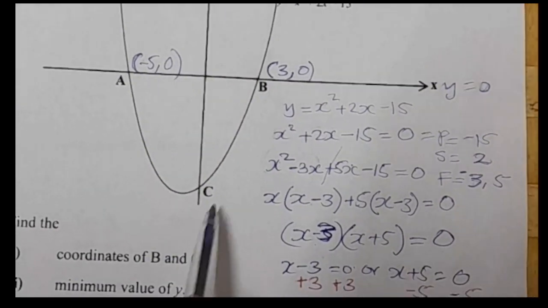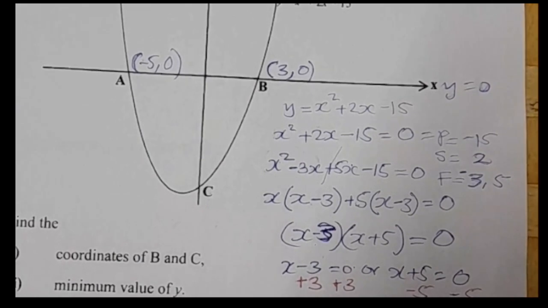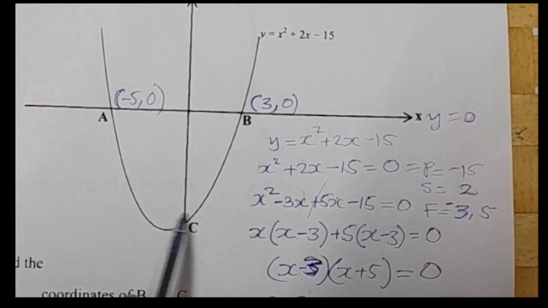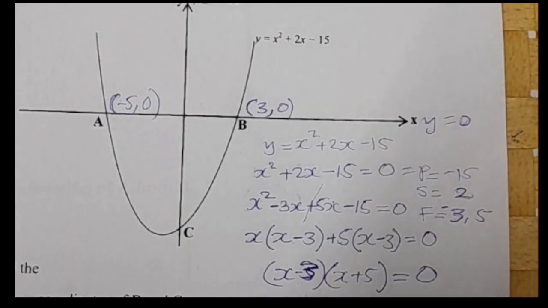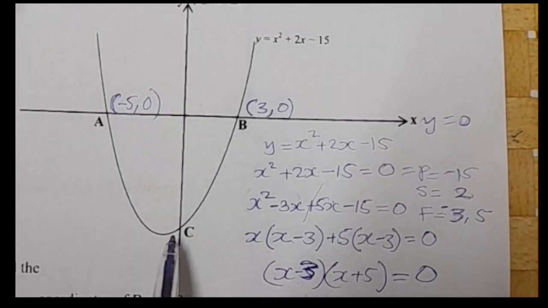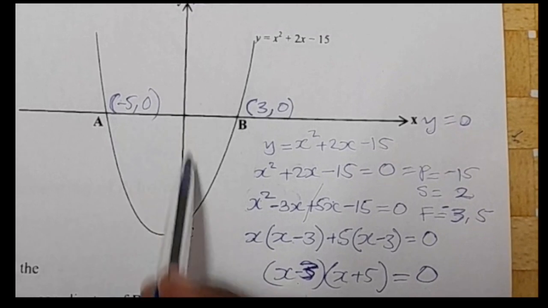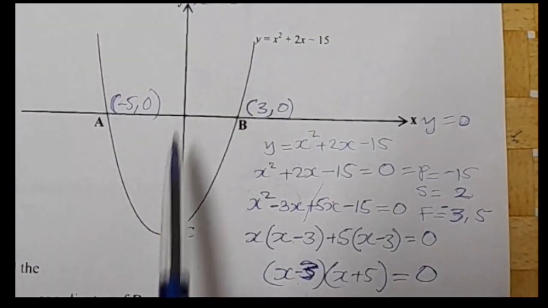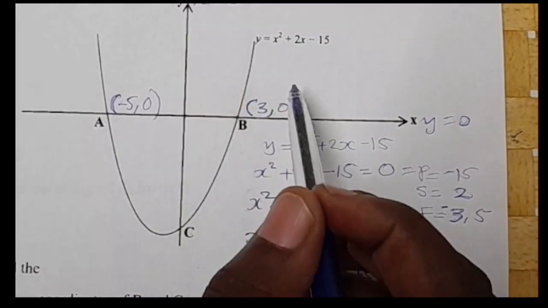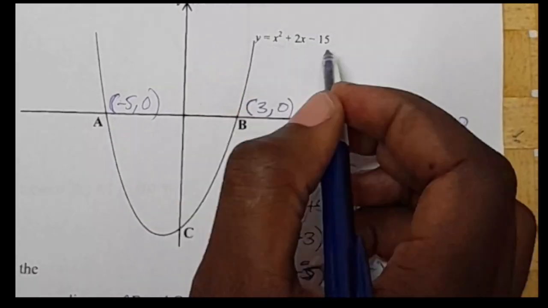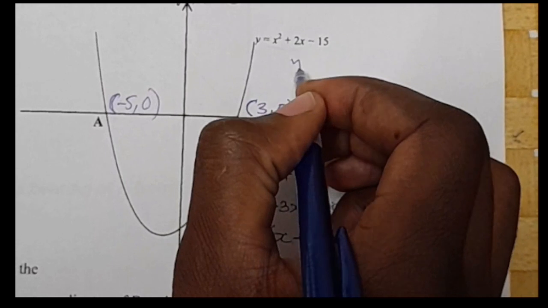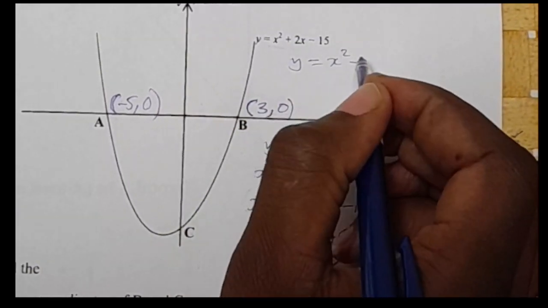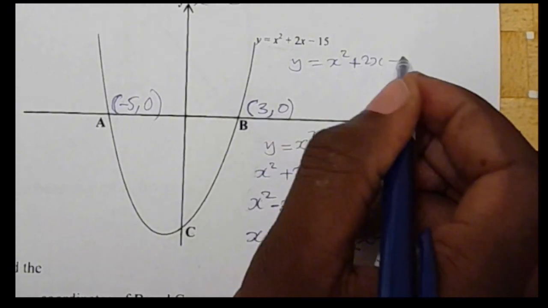Now, what about the C coordinates? Okay, so you are going to find the C coordinates. Remember I said along this line x is 0, so we are going to use the very equation, y is equal to x squared plus 2x minus 15.